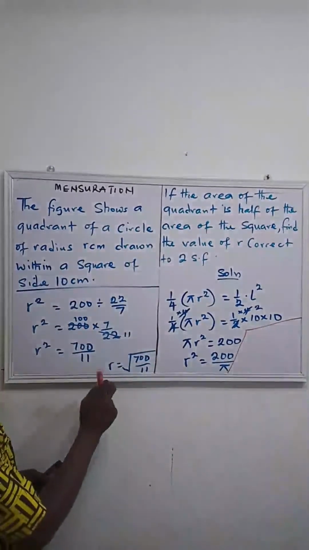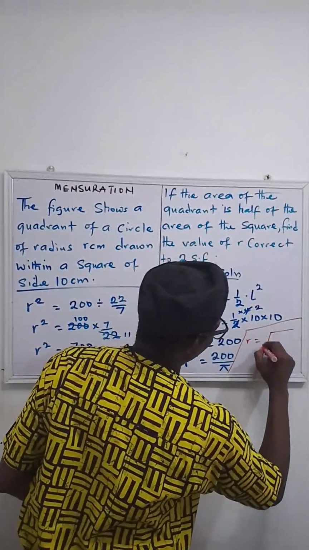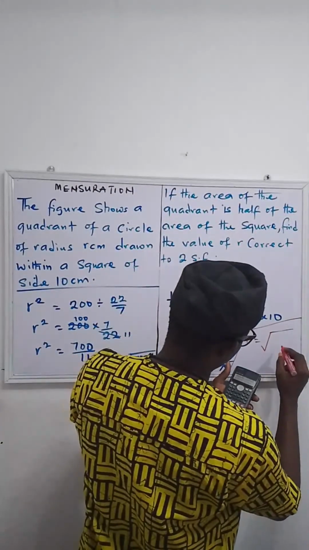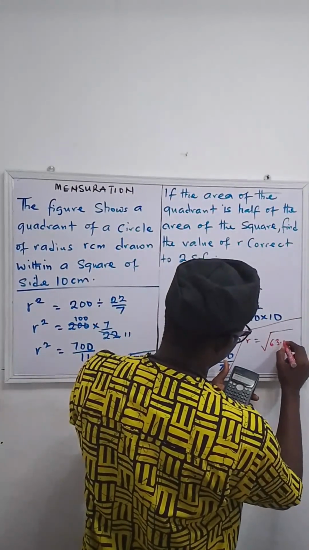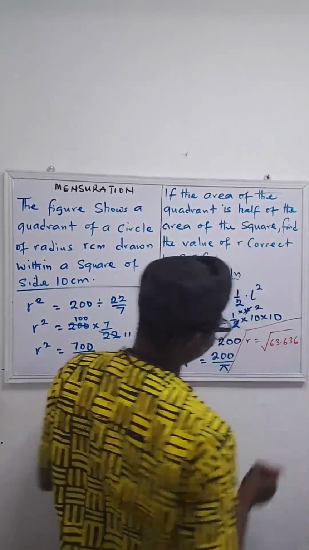Okay, so now, all right, so here you have r to be square root of, so I will compute this. Now, when you divide this, you have 63.636.